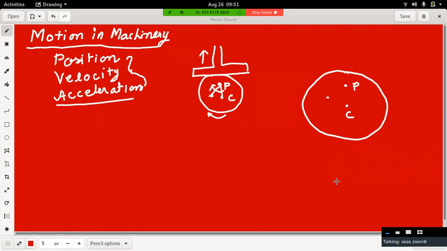So I can say that this angle which has been turned, let's say it is theta. Okay, this angle is theta, and as soon as this cam turns, the follower goes upside.